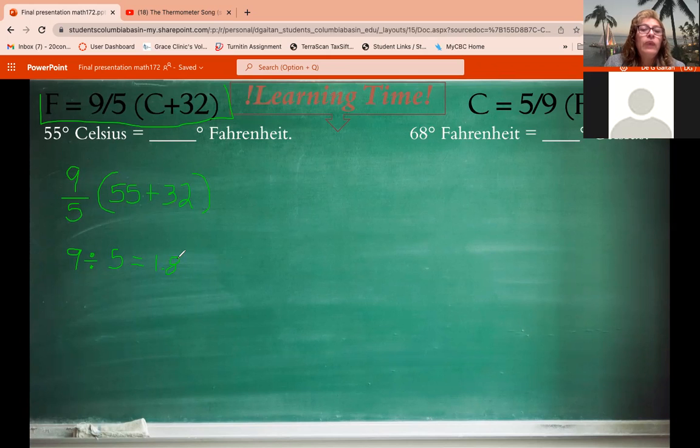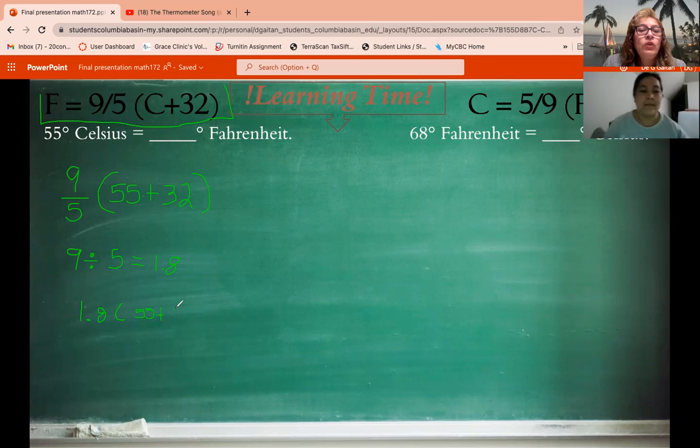So we have to rewrite our equation. So we know that it is 1.8, and our parenthesis is still 55 plus 32.